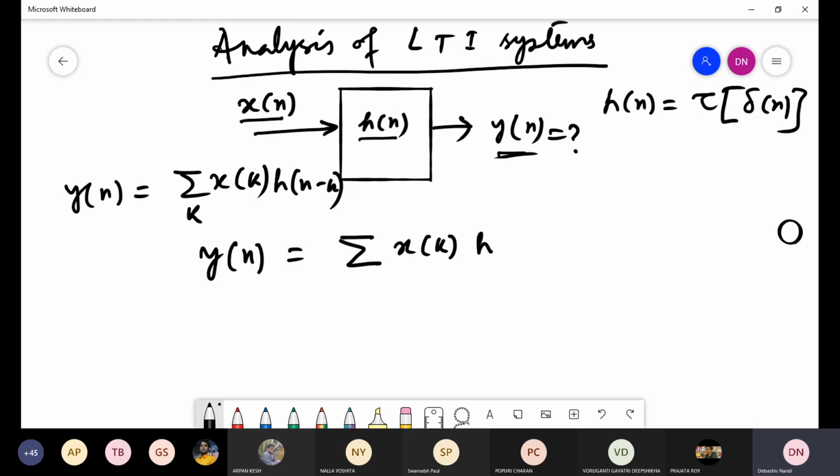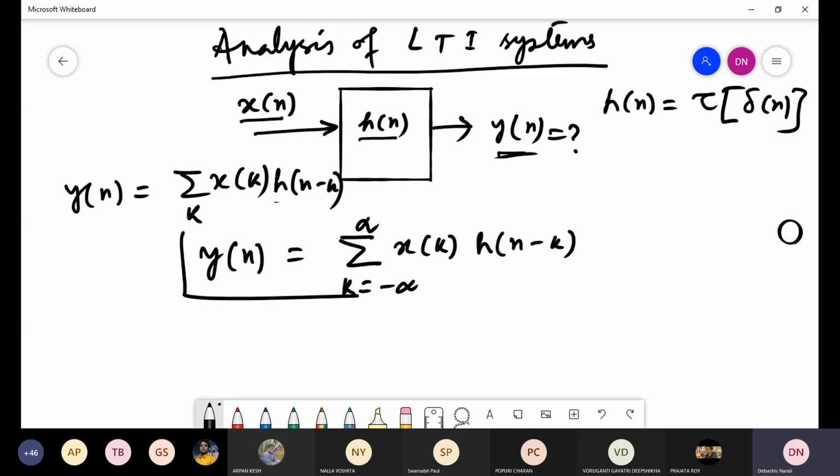And since I have used the property of time invariance here, it is also time invariant. Since both properties are used for this system, it is called an LTI system. So y n equals summation of x k h n minus k, with k from minus infinity to plus infinity.